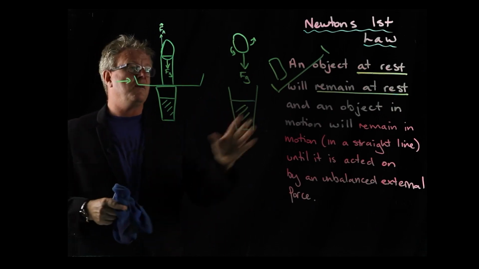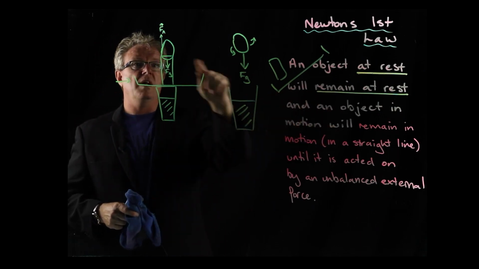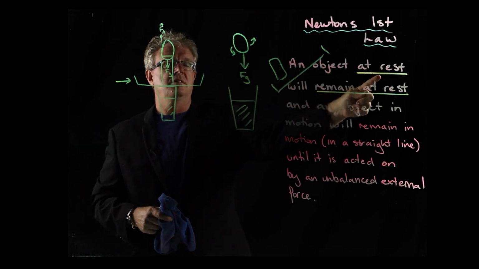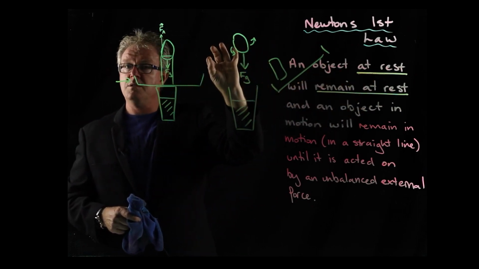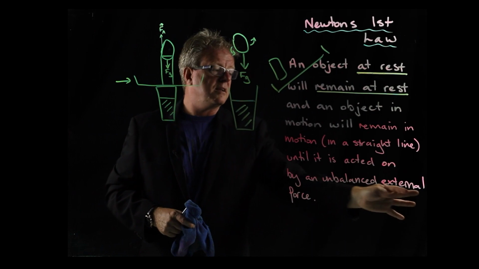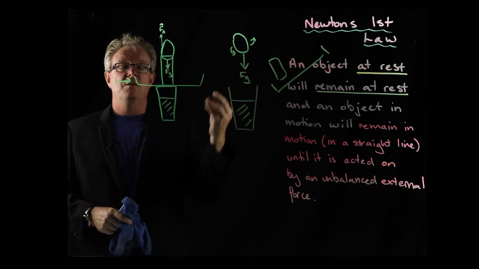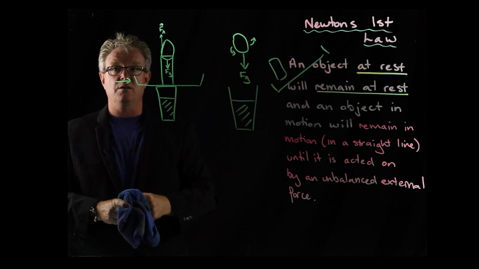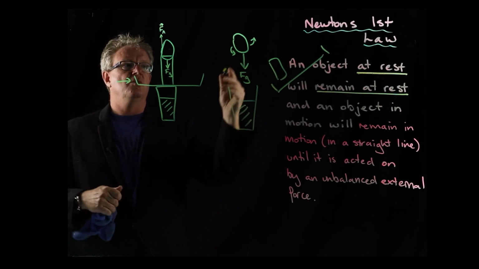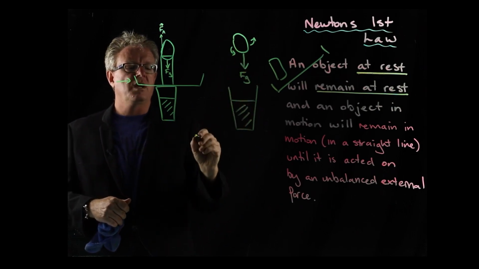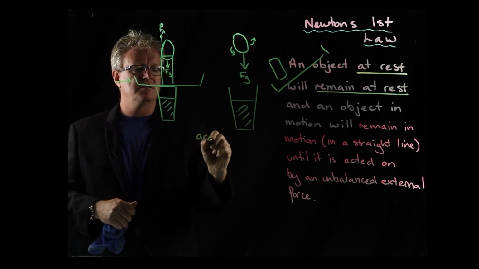Let's look at another one that relates to this, because this one shows what happens when an object is at rest. It remains at rest just for a microsecond until an unbalanced external force causes it to change its motion. And when it changes its motion, it accelerates. Okay? So rather than saying fall, we're going to say it accelerates.